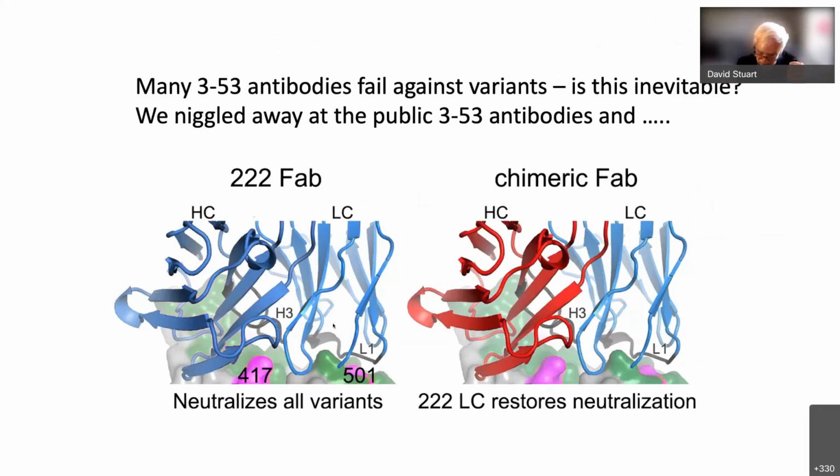Now, as I say, the 353s generally are useless against 501, but we looked very carefully and we found that there was one of these that had a particular light chain that was resilient to binding at 501. And in fact, if that light chain is then put onto the heavy chain of all of the others, it restores the ability to neutralize the virus.